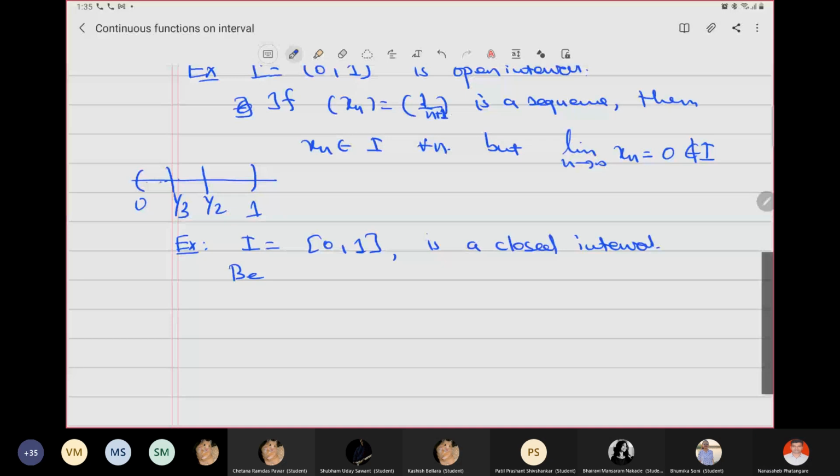What I am saying, my sentence is clear. When we say that our room is closed, you keep on moving in the room. If your door is closed, you will never be outside the room. You cannot go outside the room.